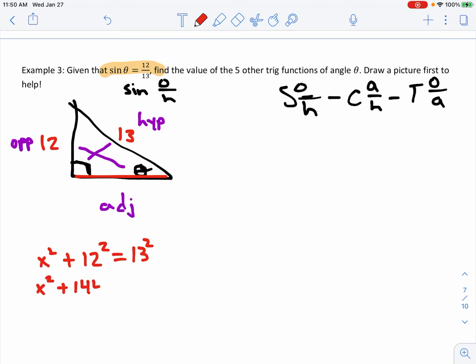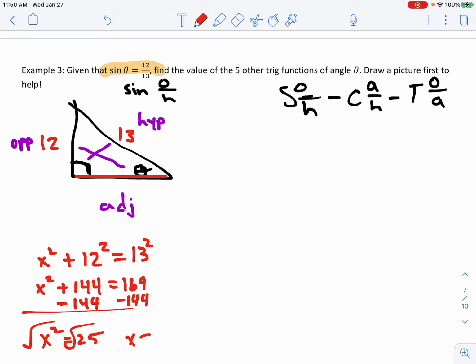That turns into x squared plus 144 equals 169. Let's continue to solve it by subtracting 144, and I'm left with x squared equals 25. Square root it, and I get x to equal 5, so I know that this missing side is 5.